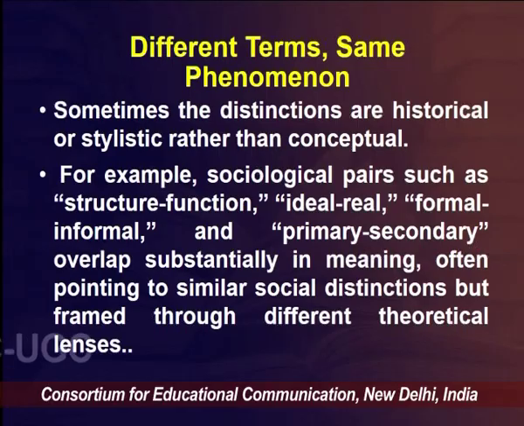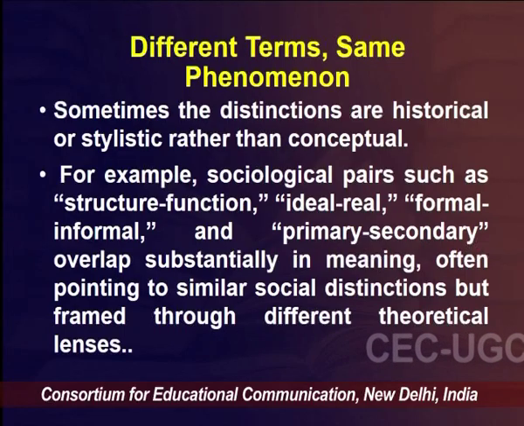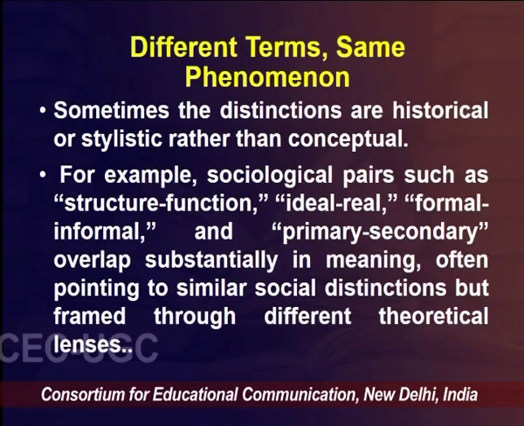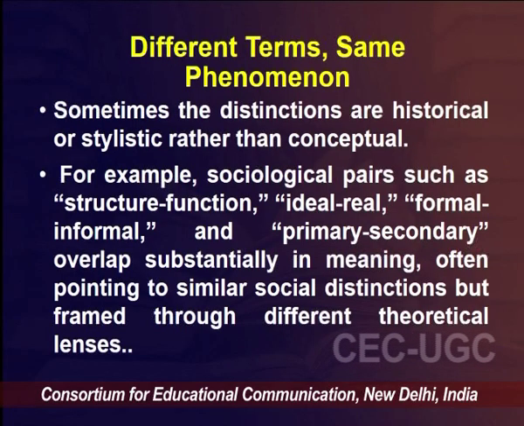For example, sociological pairs such as structure and function, ideal and real, formal and informal, primary and secondary. These dichotomies are often not very distinct. It is very difficult to draw a line between the formal and the informal, or the structure and the function, because there is a lot of overlap.